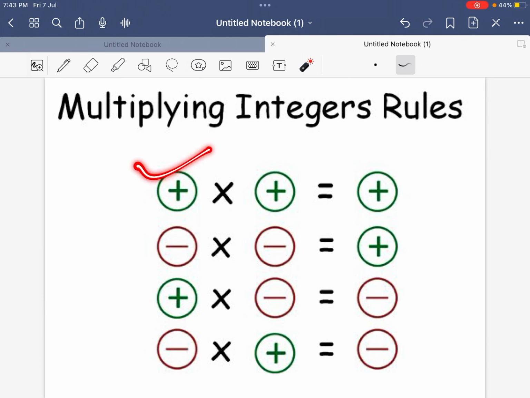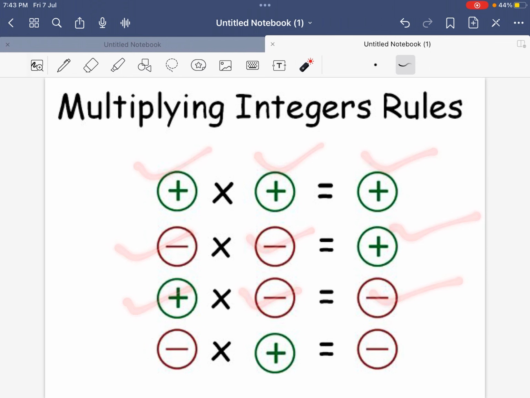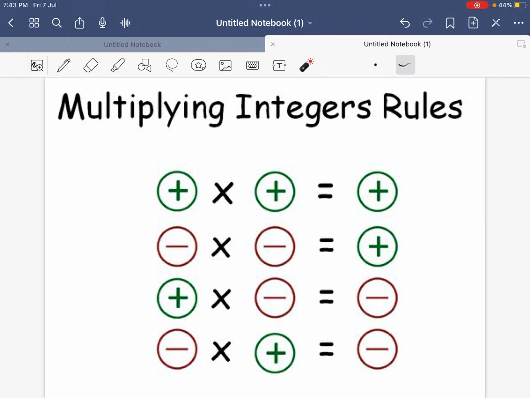Clear hai? So positive into positive, answer is positive. Negative into negative, answer is positive. Positive into negative, answer is negative, and negative into positive, answer is negative.